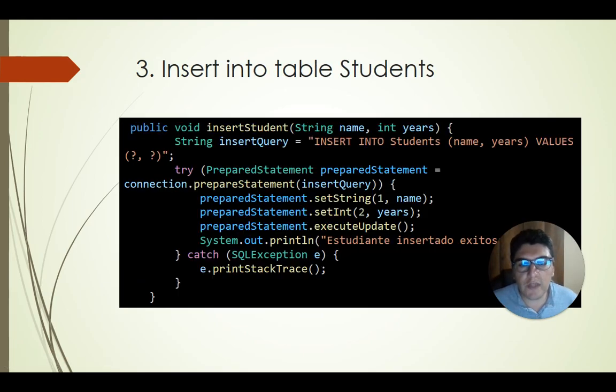Then when you use the SQL statement to insert one student into the table, you can type this query, for example, where you specify the name and years columns, and with the PreparedStatement you can set different variables, like setString for the name and setInt for the years.